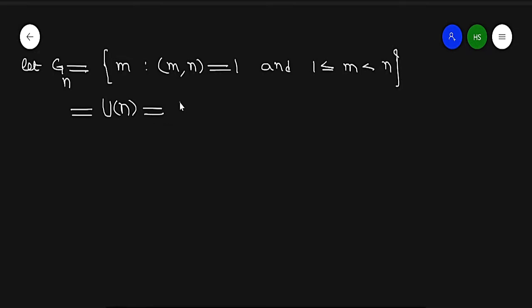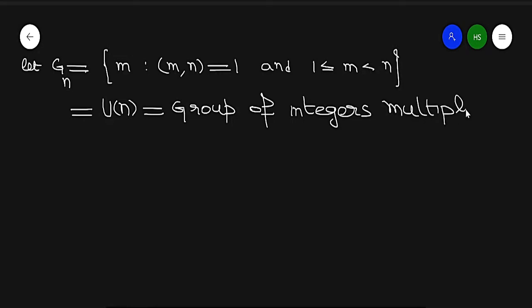So it is a group of integers in multiplication modulo n, and that is isomorphic to these values, U of n.